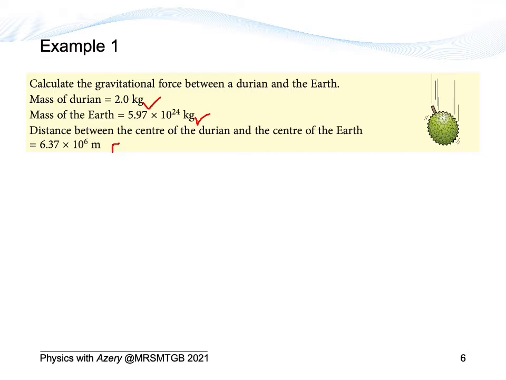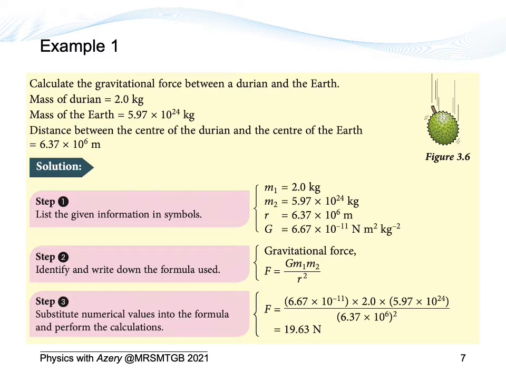So just substitute into the formula, like in the solution here. Here we have m1 as we stated before, m2, r, and G. From the formula for gravitational force, you just simply substitute everything in, and you get the final answer. This is the force between these two bodies. Let's see the next example.